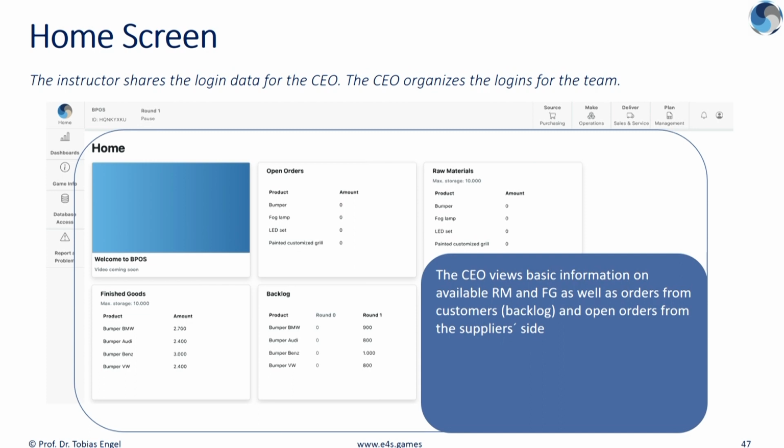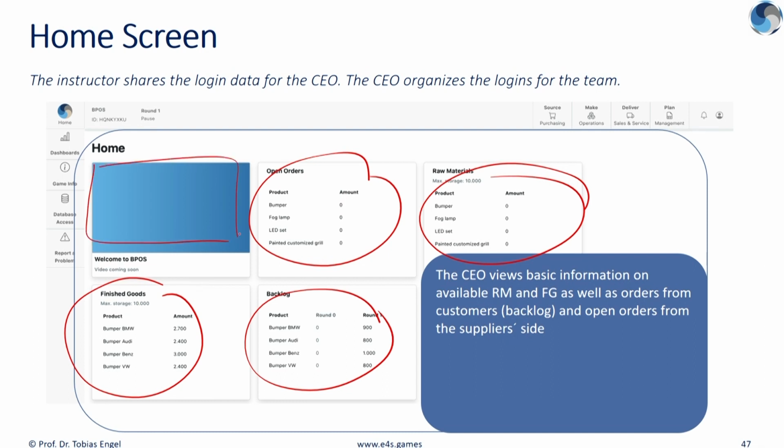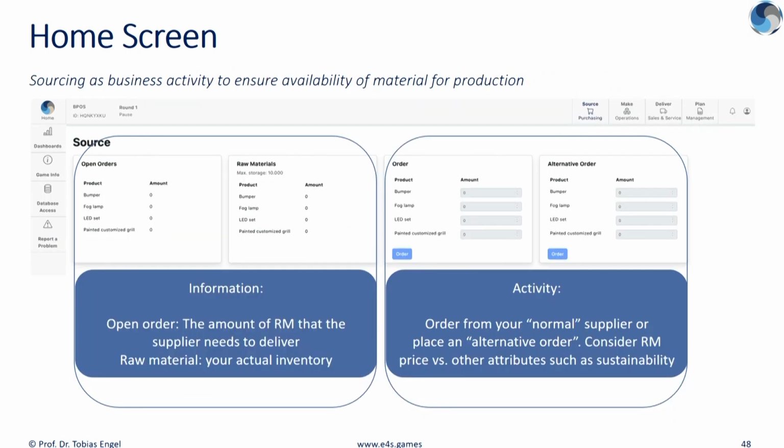So that's the basic information, as I told you: the finished goods, the backlog, the open orders, and the raw material. That's the view of the CEO. We'll also have some videos in the future that will be placed in that blue screen. Perhaps there is more than one video, so just check the actual version of the user interface. But that's the general user interface, as you can see it here.